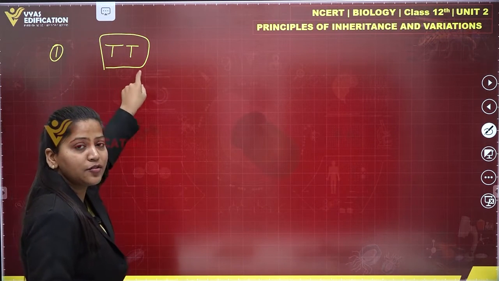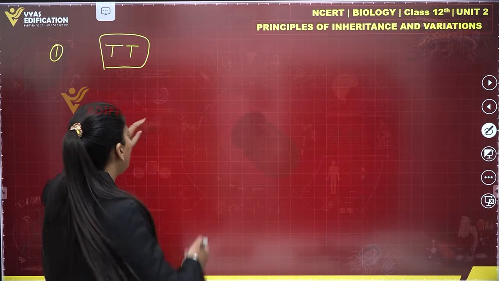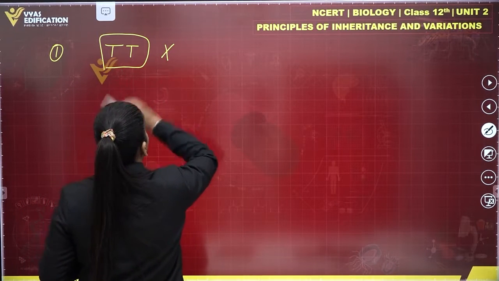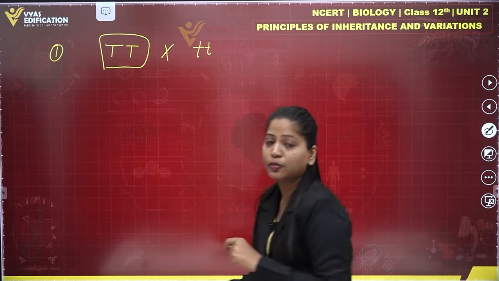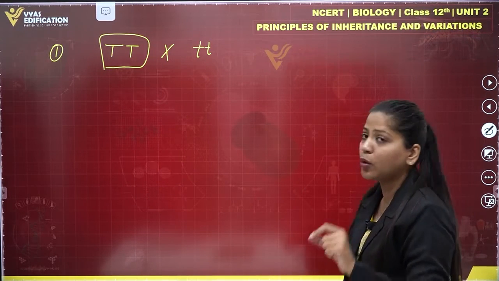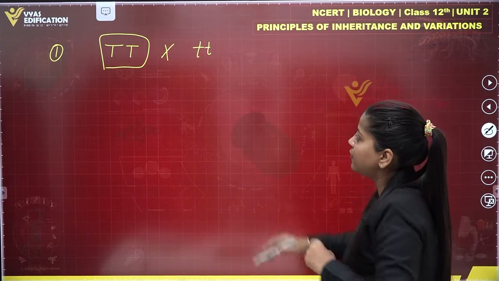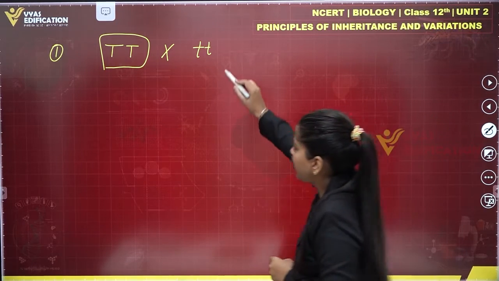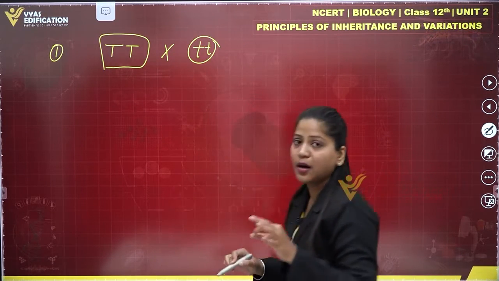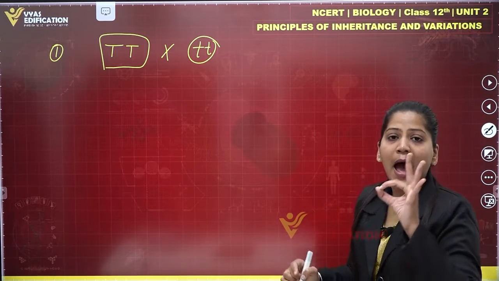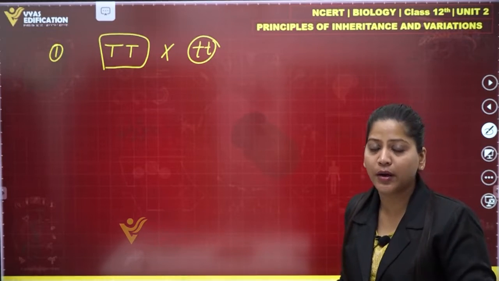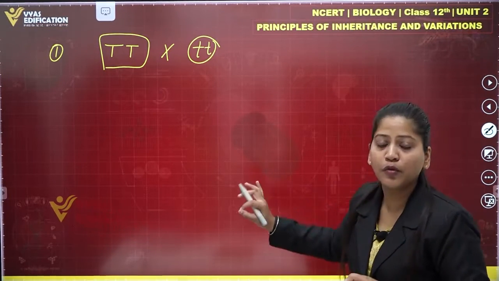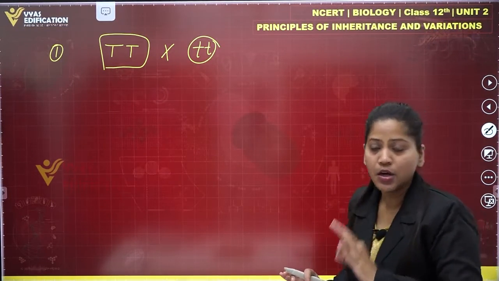Now to test the genotype of this organism, we will mate it with small t. We are going to mate this organism with the recessive parent. This is the homozygous recessive parent, and in a test cross, which is an experiment to determine the genotype of an organism, always the homozygous recessive parent is used.